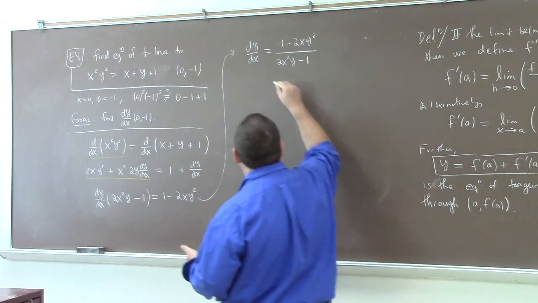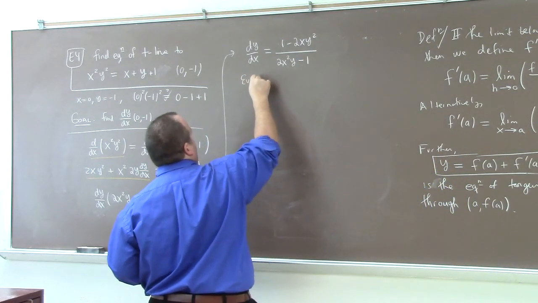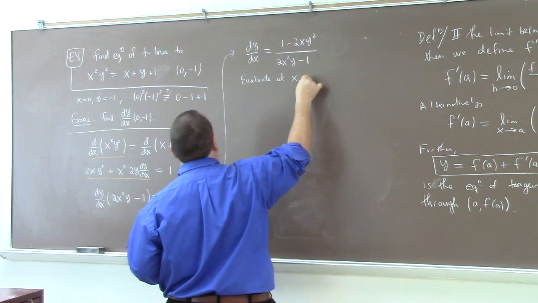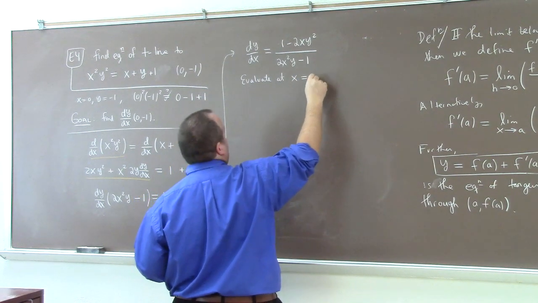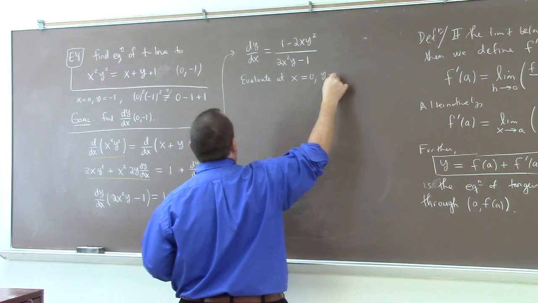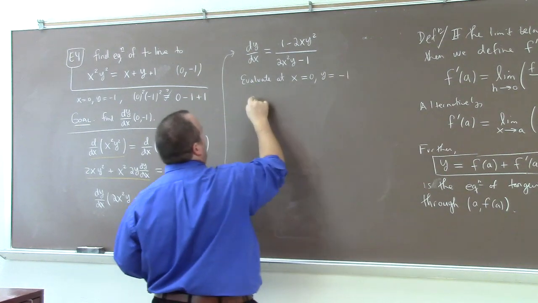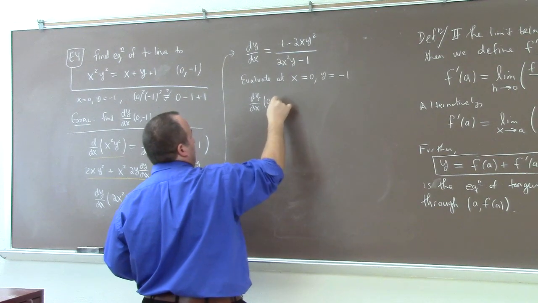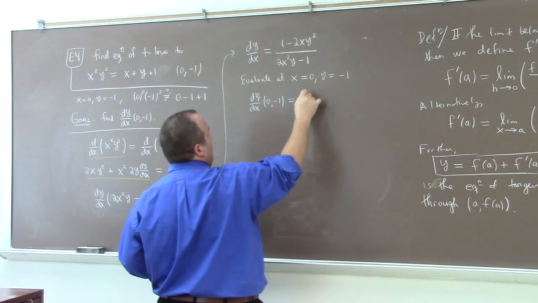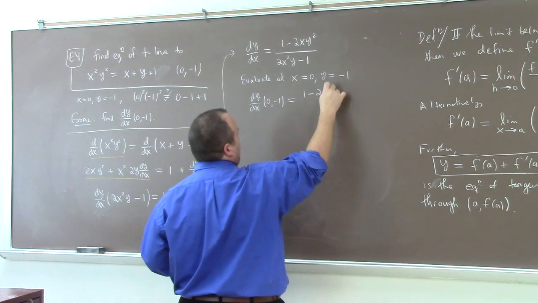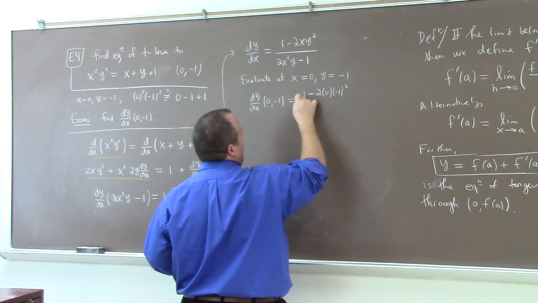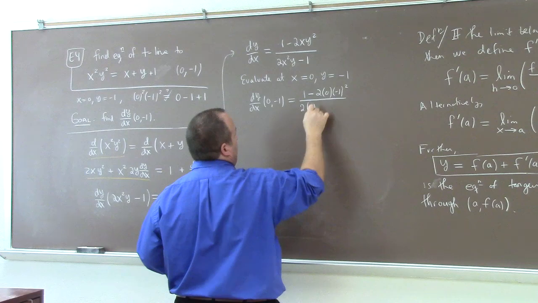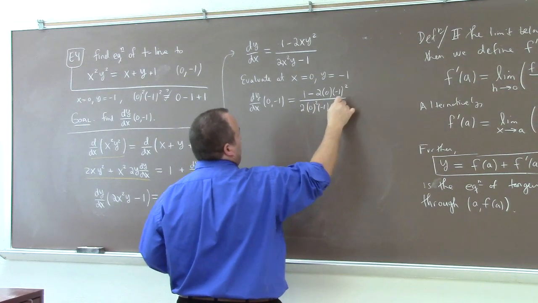So we need to evaluate at x equals 0, y equals minus 1. Notation for that is what I wrote before. So we got 1 minus 2 times 0 times minus 1 squared divided by 2 times 0 squared times minus 1 minus 1.